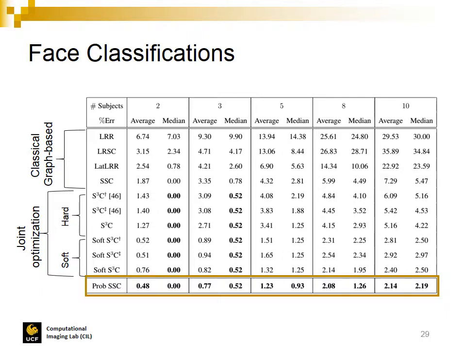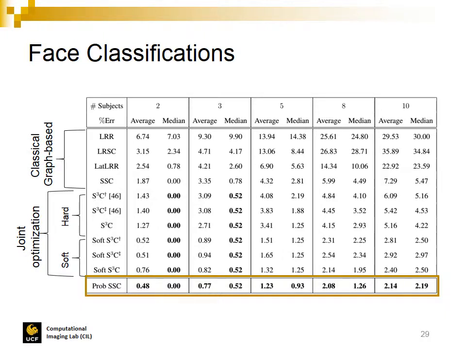The first 4 rows of the table are 2-step graph-based subspace clustering methods. The next 6 rows show the results of joint optimization methods in an iterative manner, where both clustering results and subspace representation are updated.